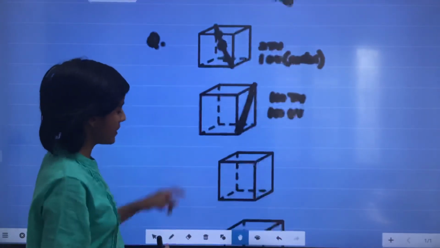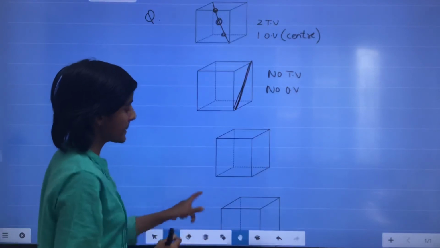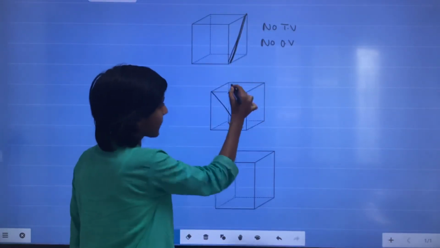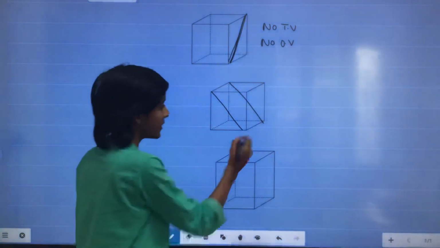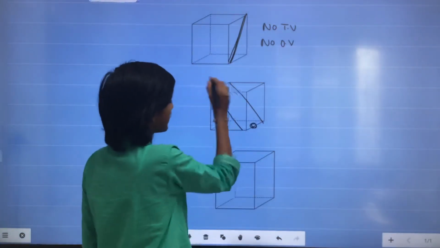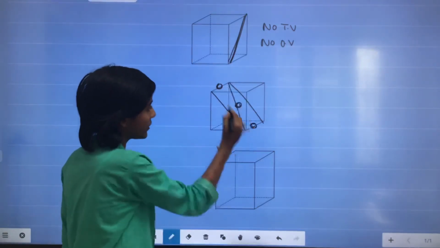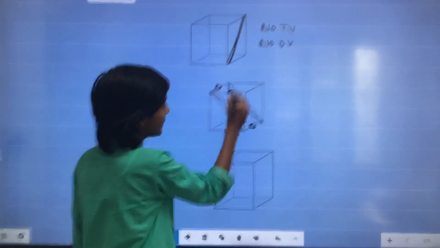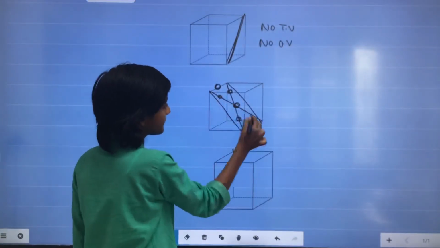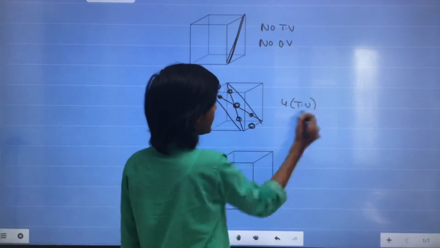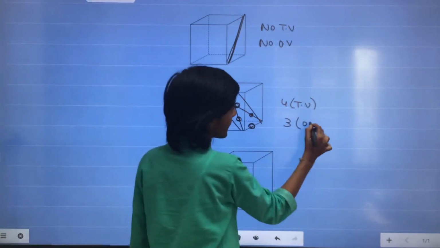Then we see the diagonal plane. In the diagonal plane, these are the 2 OVs present and 1 OV is present at the center, and on the 2 cube diagonals, on every one there are 2 TV. So total are 4 TV and 3 OV.